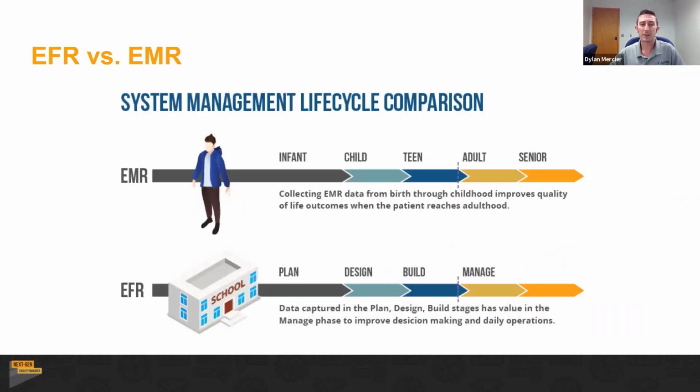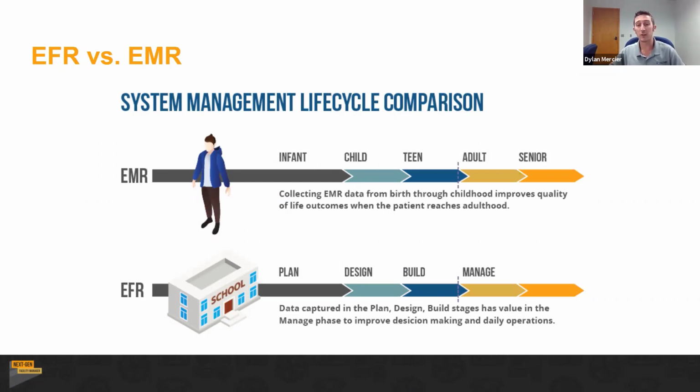Here we have another comparison about how the medical records and the facility records both follow a very similar life cycle. One difference in the electronic facility record side of things, it is a little more cyclical. Where you get to that plan, design, build, manage end of it, generally in facilities, you immediately circle back right back to the planning process.